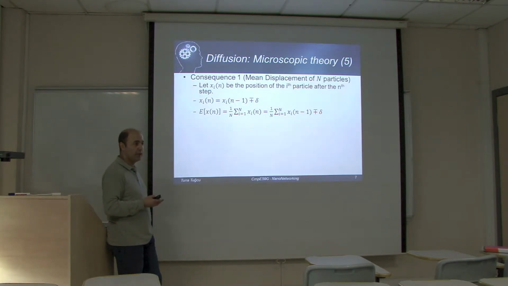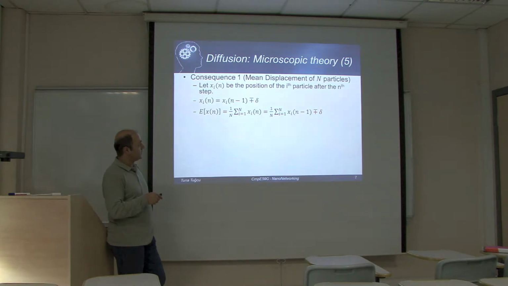Sum these up and divide by N, and that will give you the average displacement after n steps. All of them have taken n steps. Note that the lowercase n and the uppercase N don't have anything in common. The lowercase n is the number of steps, the uppercase N is the number of particles, the number of molecules. Okay, so for all molecules, the position after the nth step would be the expected value of the positions of all molecules after n steps.